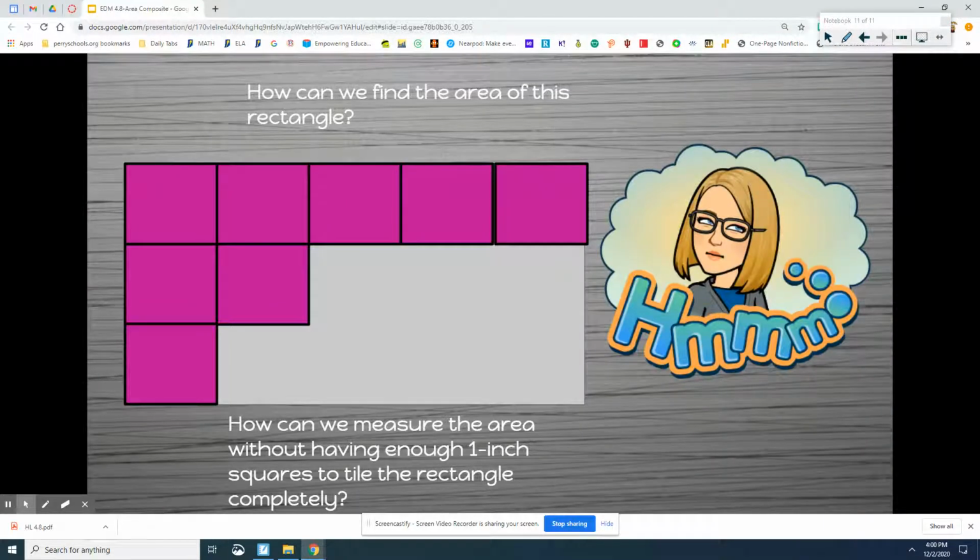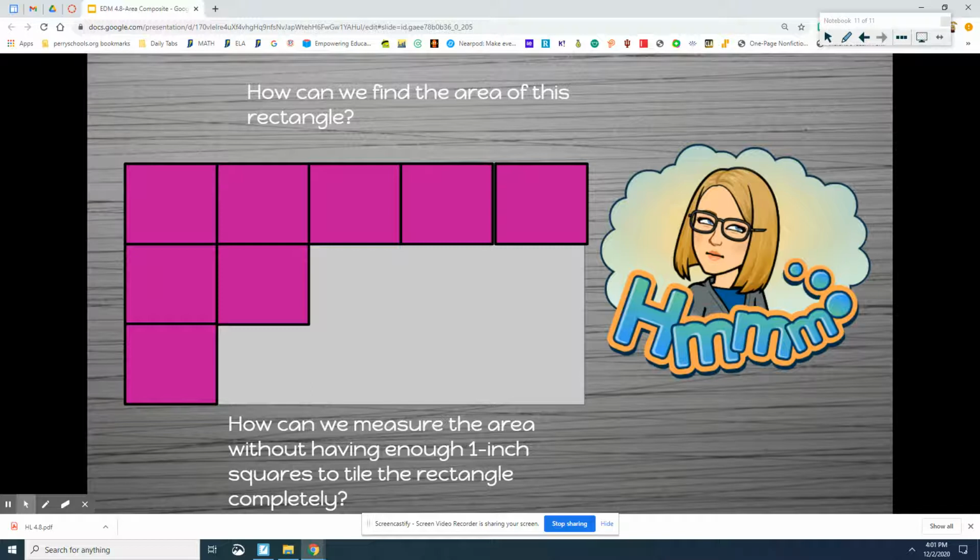How can we find the area of this shape if I don't have enough blocks to cover this whole shape? So this is going to be something where we use what's called a composite, which is our goal for today. So I'm going to look at what I do know.